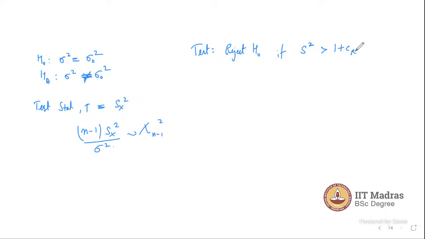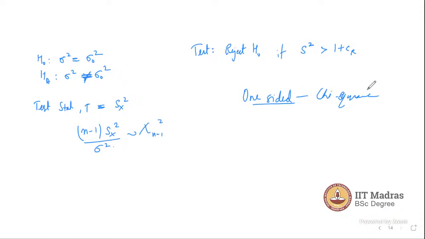Typically for one sample, we'll consider chi-square, right? So 1 plus CR is not the case in chi-square at least. It has not been given. We have only studied one-sided tests in chi-square, which is why I was going through the graphical approach. 1 plus CR comes in the F test.